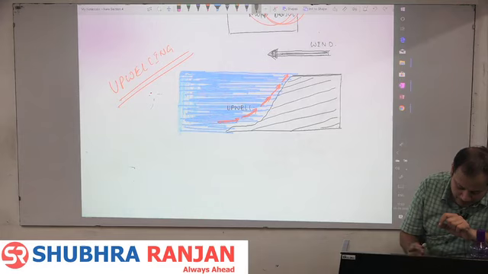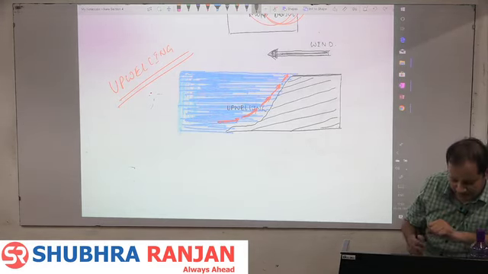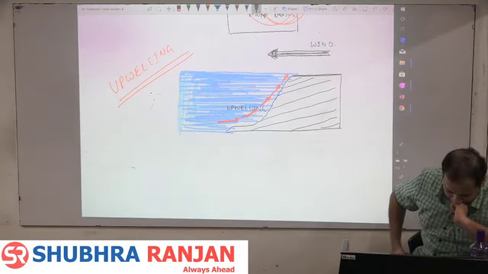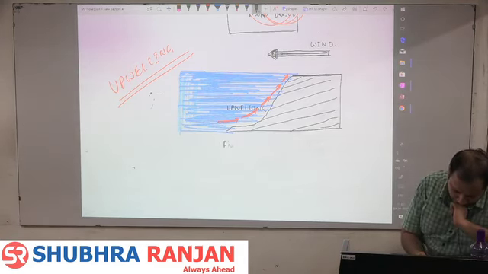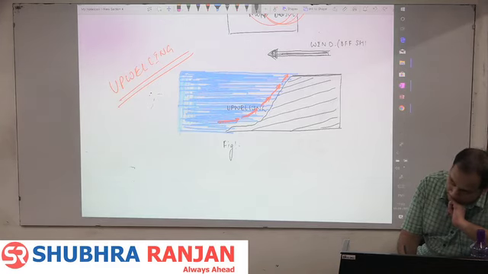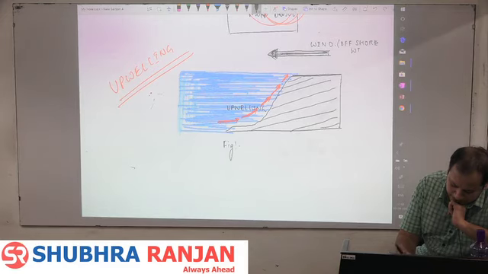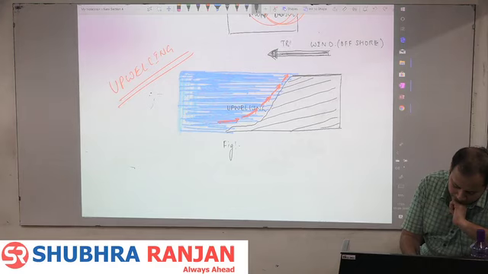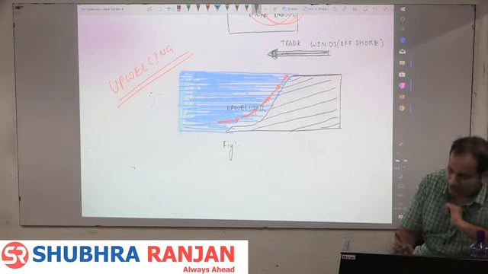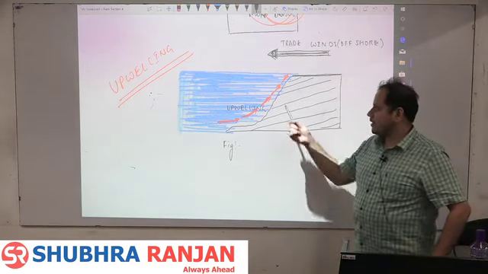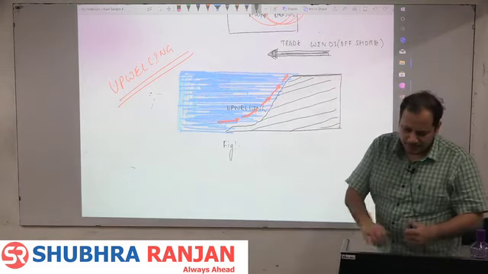Such kind of upwelling is seen in the desert regions, where the trade winds are offshore. You can draw this diagram. Understanding? नीचे से पानी ऊपर आ रहा है because deficit create कर रहा है.